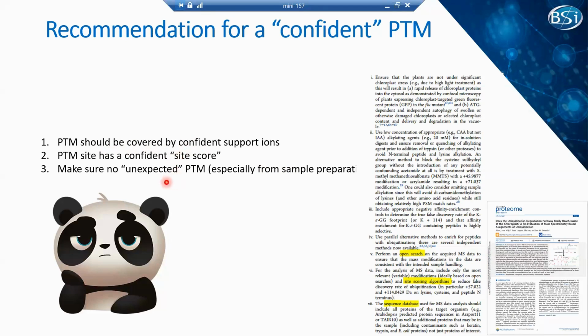The other thing is to make sure there are no unexpected PTMs, especially unwanted PTMs that occur during sample preparation, just like we see in these examples. Maybe a lot of the 114 shift is from over-alkylation. So that is the basic idea: how can I say this is a confident PTM?